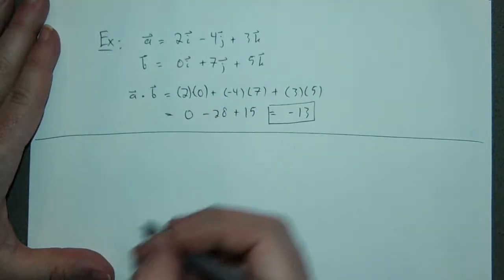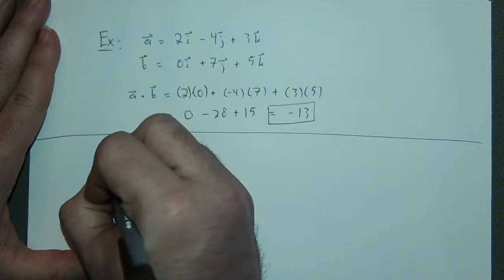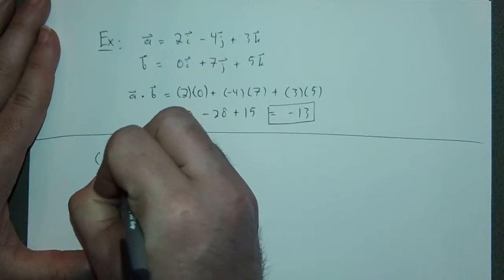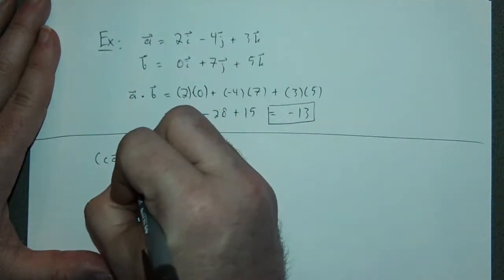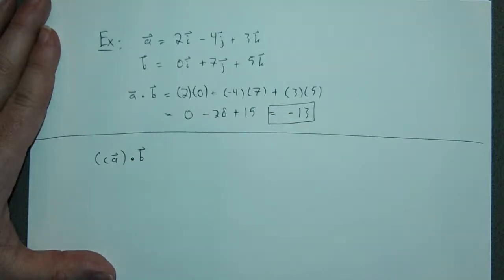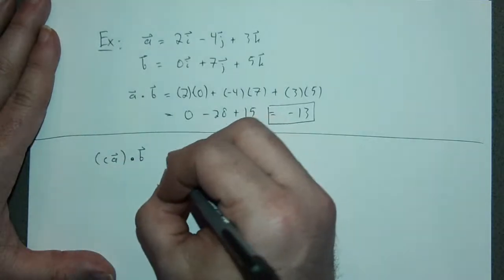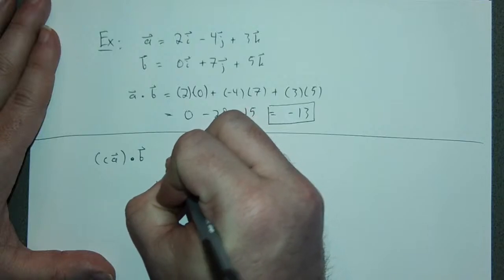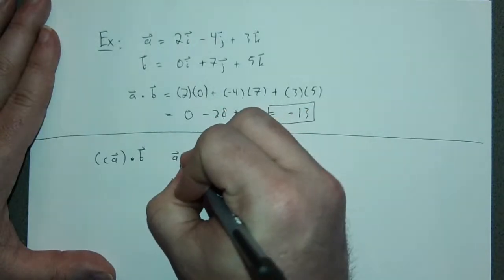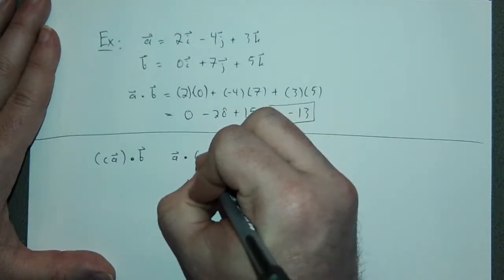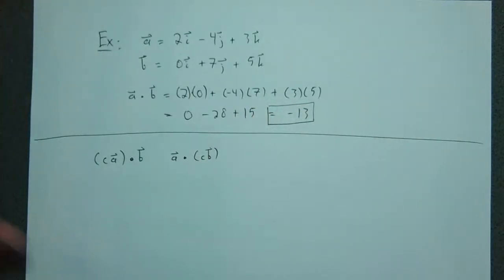What if I have a scalar times a vector and I dot it with another vector? What's the relationship between that and, say, dotting the vector A with that same scalar times the other vector?